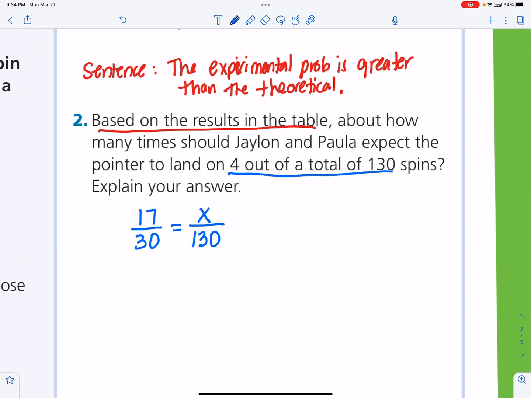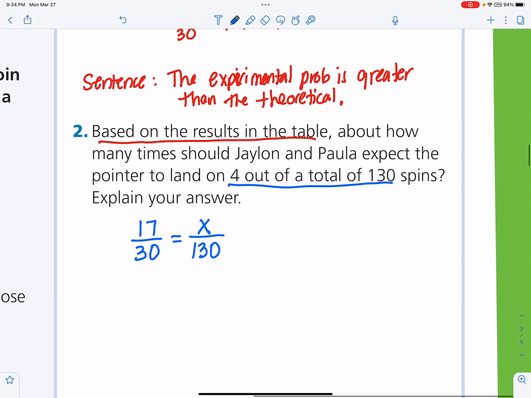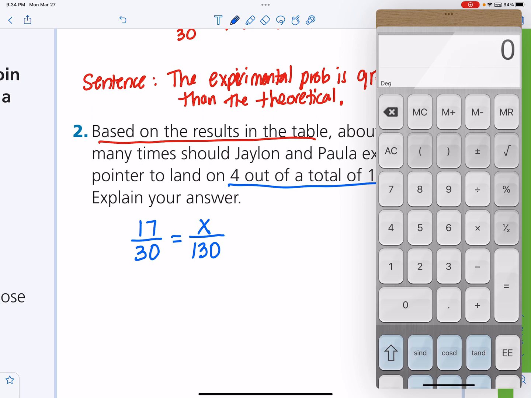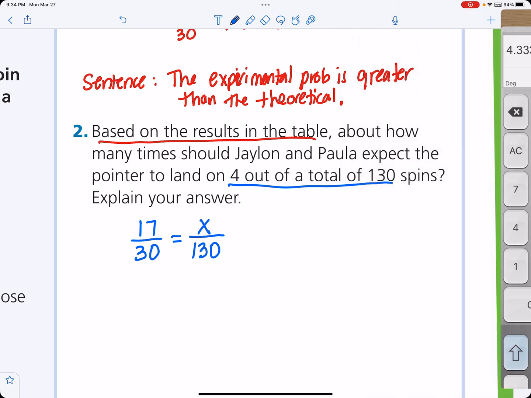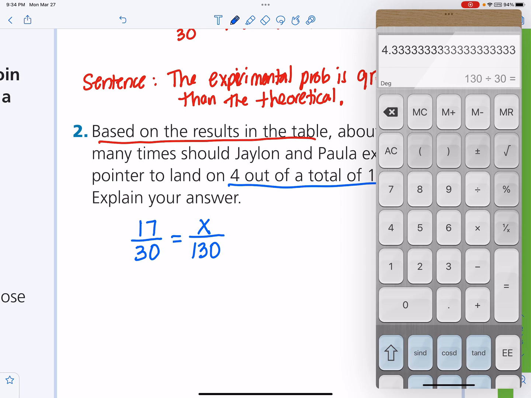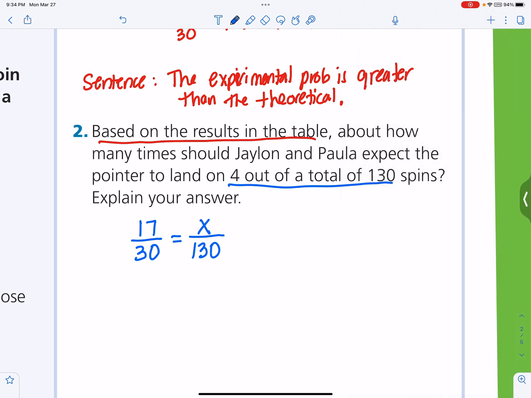So we have a couple ways to solve this. Remember, we can do means extremes, or we can check and see if we can identify the multiplier. So let's go ahead and do that first, because if that works, it is nice and easy. We get a repeating decimal, so we can't be doing it that way. So I'm going to have to do means extremes for this one.